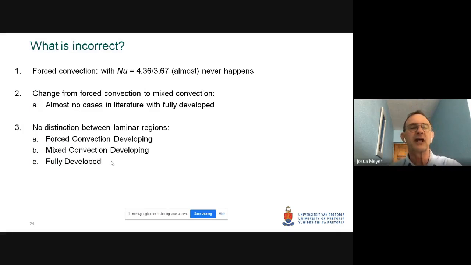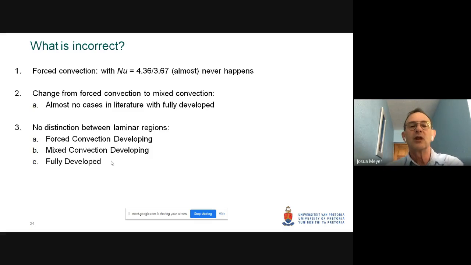Okay, so if you start doing good experiments in the laminar and transitional flow regime, we have found that some things that we are teaching our students are not correct, or almost never. And that is that forced convection occurs and that the Nusselt number is either 4.36 for constant heat flux or 3.67 for constant wall temperature.